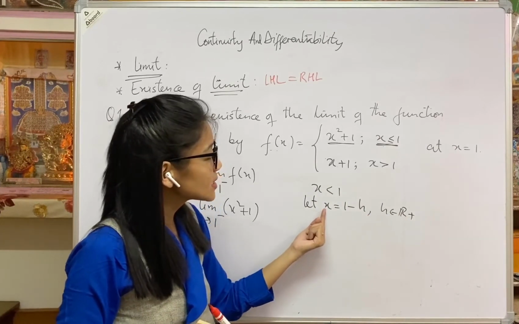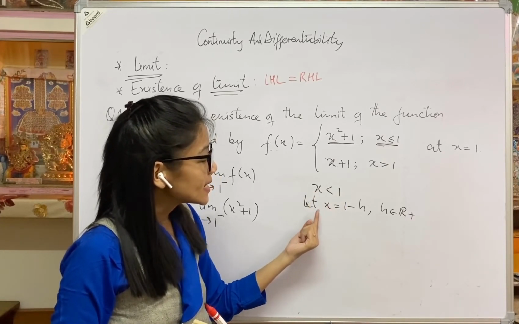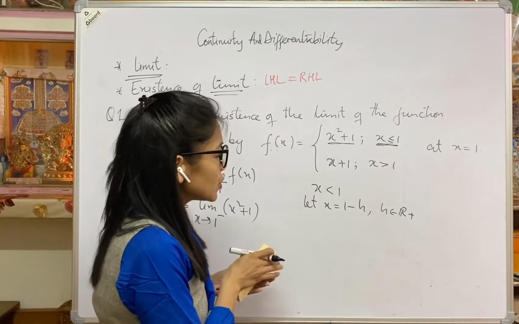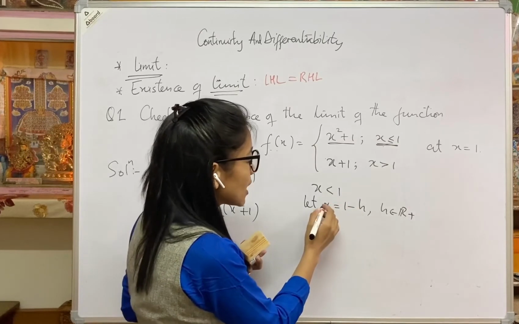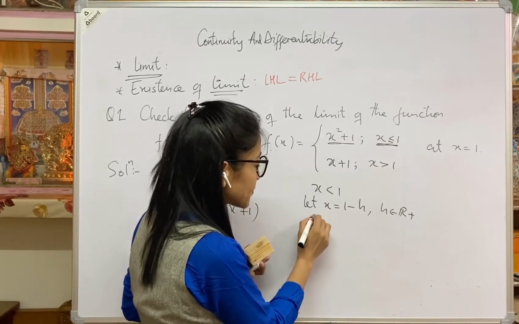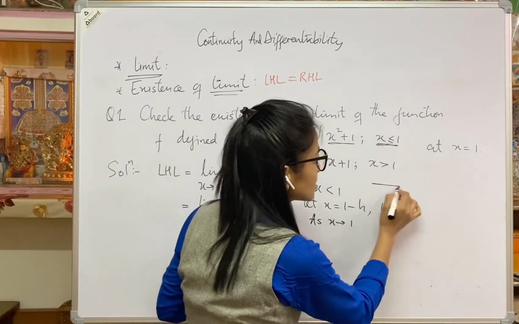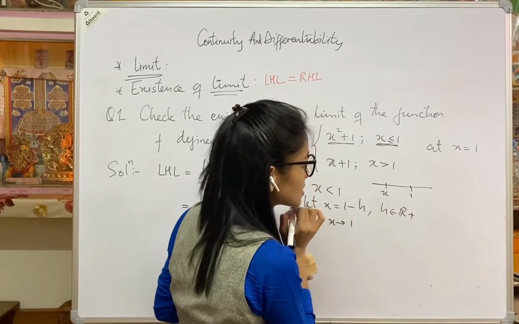So since my x is less than 1, to show that I'm using this, let x equals 1 minus h, okay? So if x equals 1 minus h, right? Now, as x is tending towards 1, this is actually the thing. So this is my 1, and x is somewhere here.